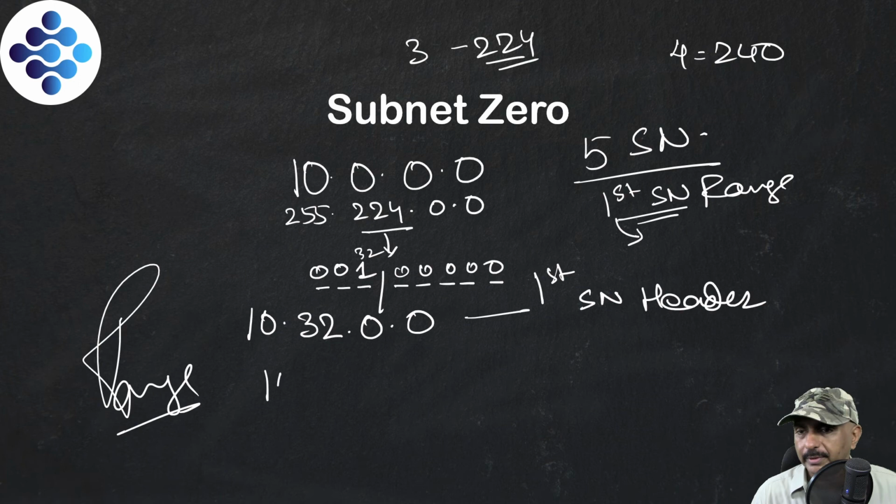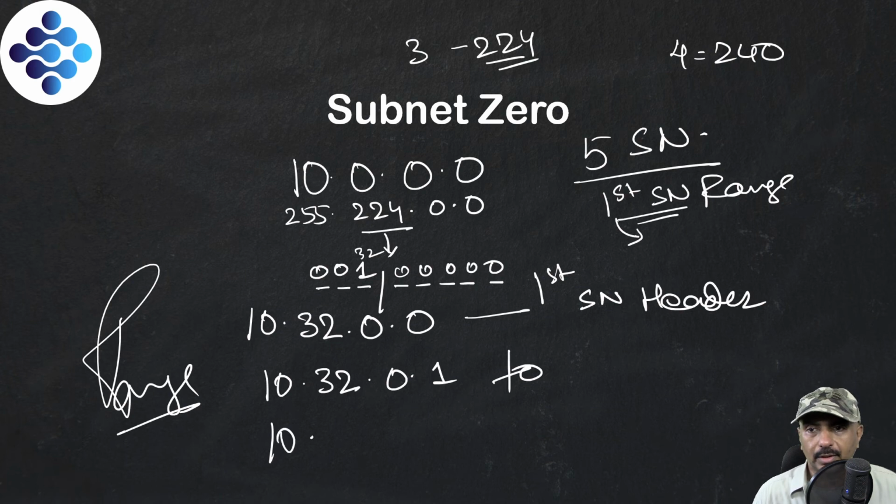The range would be 10.32.0.1 to 10, and now in this case, as we discussed, when this entire thing becomes 1, it will be 1 less, so 32 plus 31, that is 63, so 10.63.255.254.